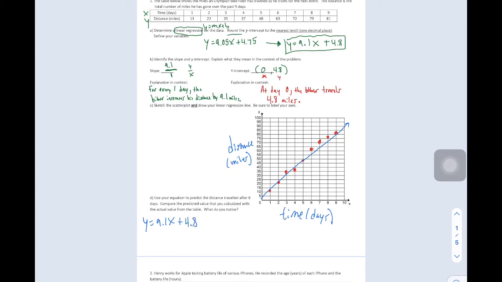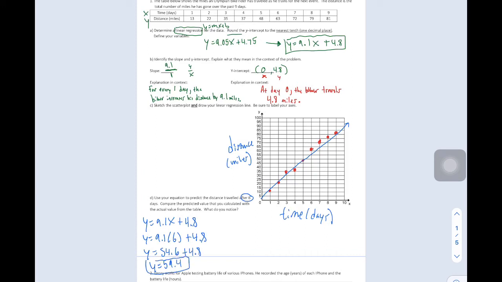And we're going to use this to predict after 6 days. So I'm going to plug in a 6 for the letter x. So y equals 9.1 times 6 plus 4.8. If you did this in your calculator, you would get 54.6 plus 4.8, which gives you a value of 59.4.